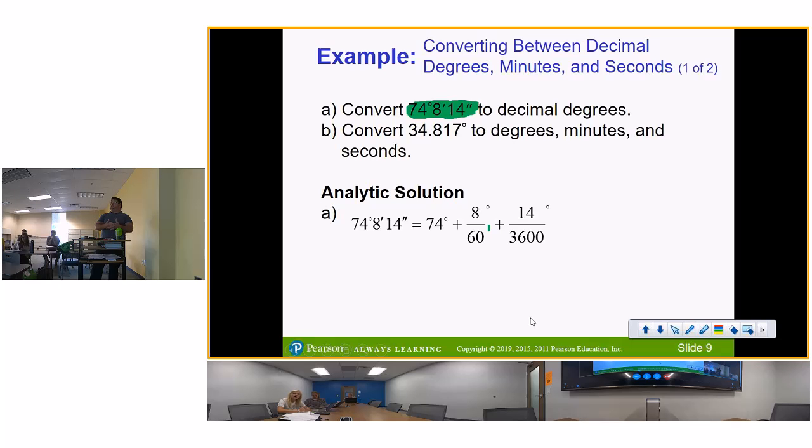You put the first one over 60, and you put the second one over 3,600. The reason you put it over 3,600 is because there's 60 seconds and 60 minutes. That's 60 times 60 is 3,600. So that's an example of how you change a degree, minute, seconds term into decimal degrees.